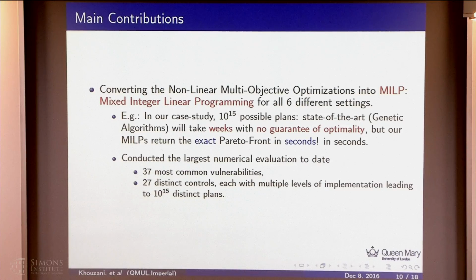This is a very practical application because previous to this, there were some studies using genetic algorithms, but we did that too. If you take a nonlinear optimization solver like a genetic algorithm, for 10 to the 15 possible strategies, the solution takes weeks. And it doesn't even guarantee that it's optimal, you're stuck on a local optimum.